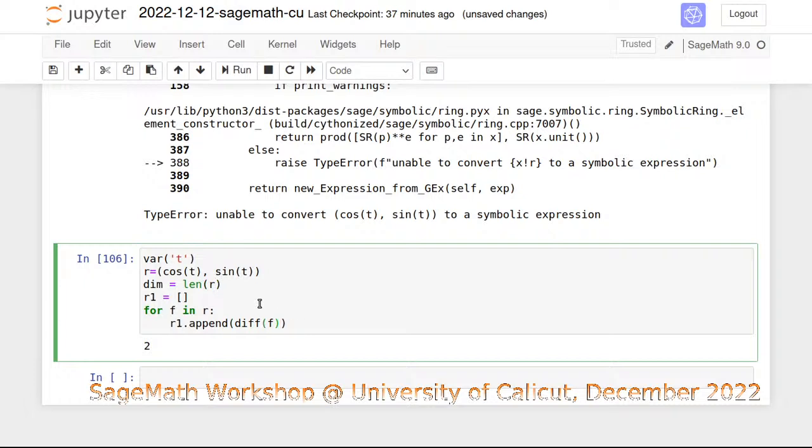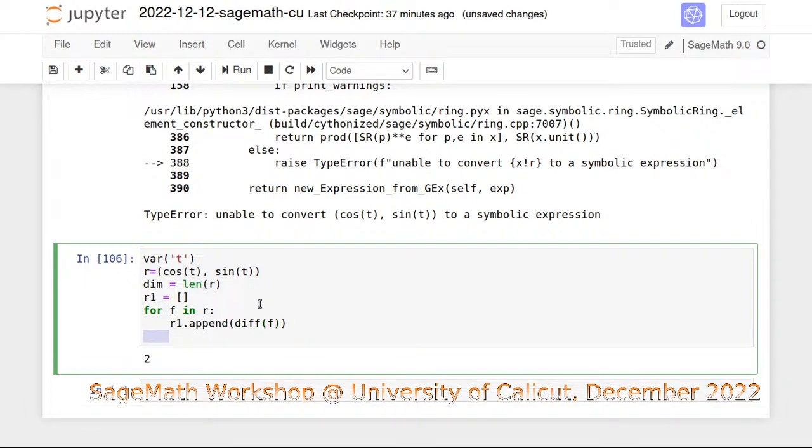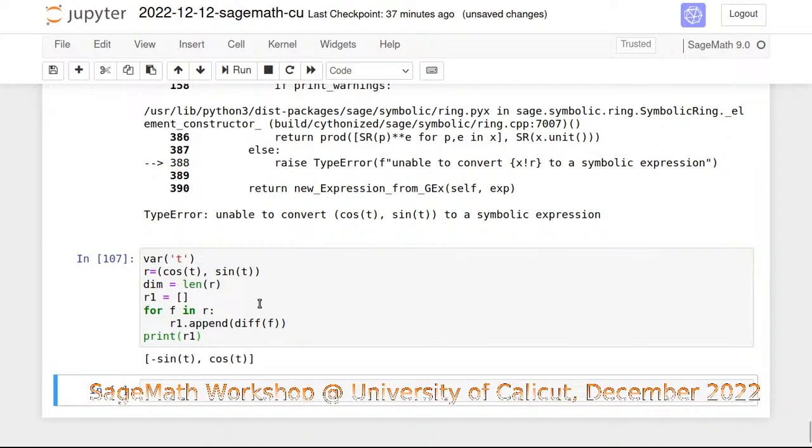So differentiate F here. Essentially what happens is that we will take F for the first time to be cos t, so this will be differentiated with respect to t and appended, and I am expecting the result to be that R1 is minus sin t, cos t.